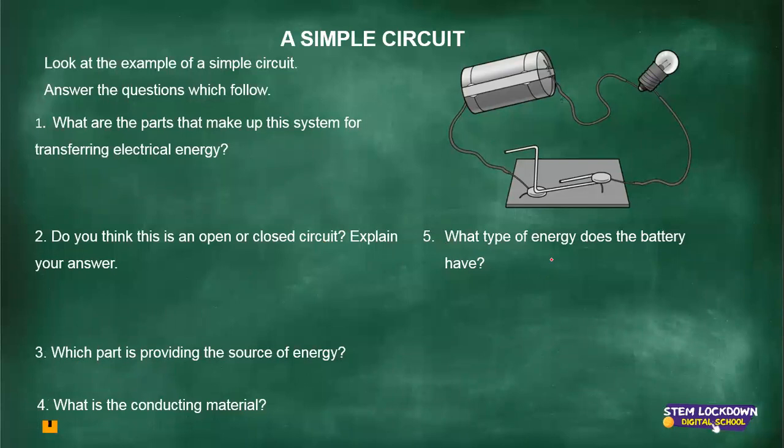And what type of energy does the battery have? Remember, there's different types of energy. So would anybody like to try? You can raise your hand for question 1. What are the parts that make up the system when we're going to transfer electrical energy? Anybody wants to try?